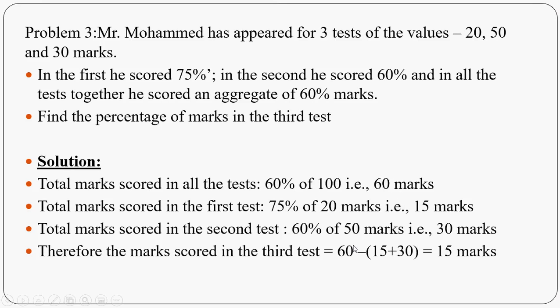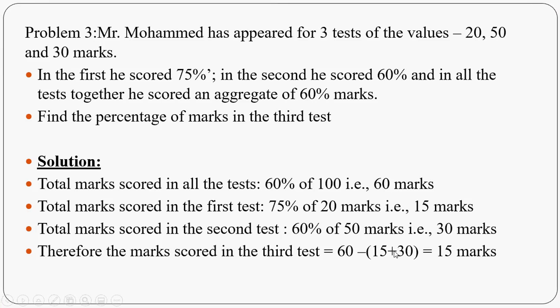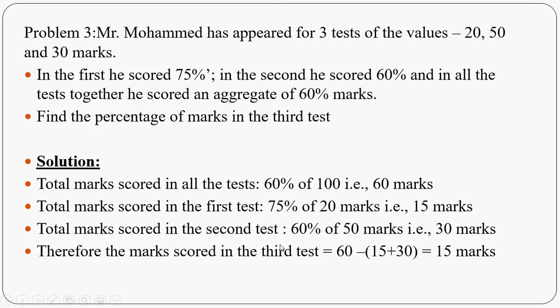So marks scored in first and second, we need to total and reduce from 60. So we will get 15. What is this 15? This 15 is nothing but the third test score. So this is a simple problem to find the percentage of marks. I hope this simple example is very clear to understand.